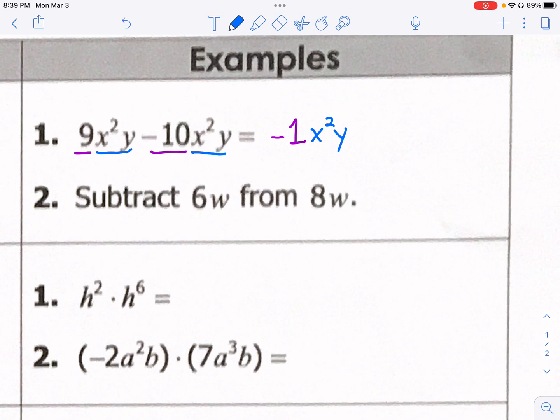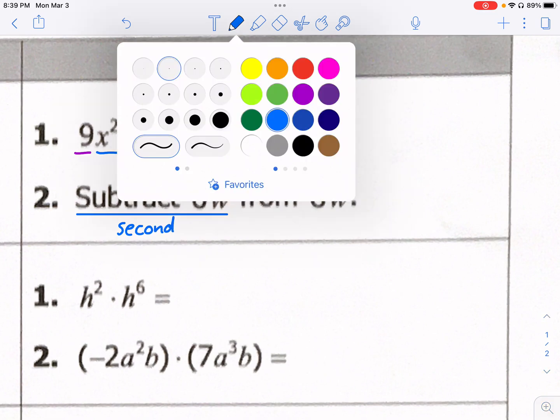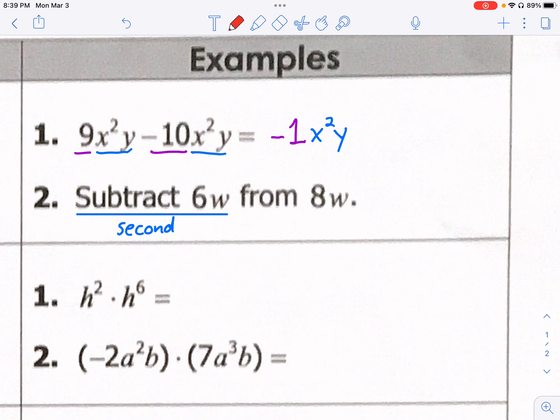Number 2, this one is a word problem. This one's just a little bit tricky. On this one, it says subtract 6w. So when it says the word subtract, whatever is following it, that's going to be second. We're going to subtract that. So in this case, we're going to do 8w minus 6w. I want to make sure that it's the 6 that I'm subtracting.